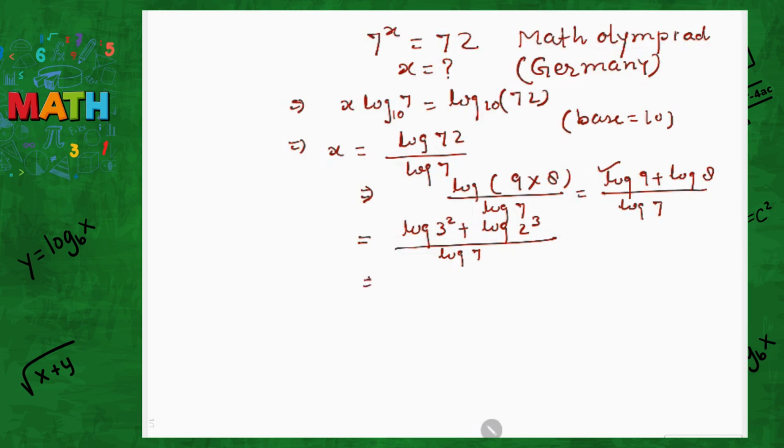This can be written as 2 log 3 plus 3 log 2, divided by log 7. Now you can put the values of log 2, log 3 and log 7 and solve it. But I am not putting the values because they are anyway available in a table.